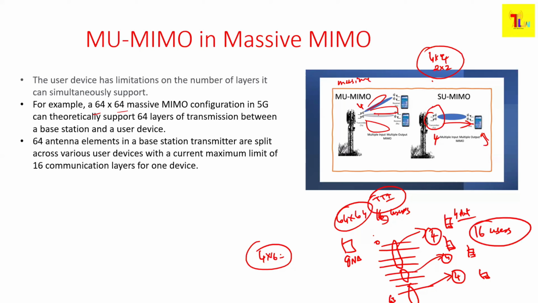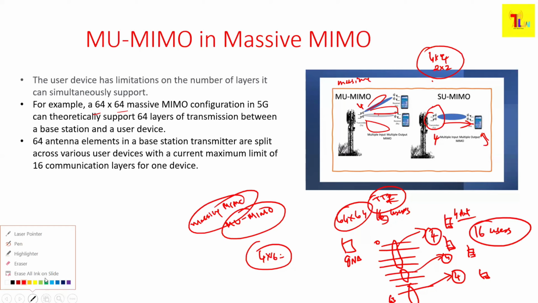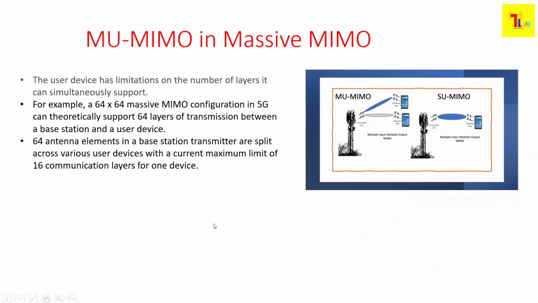Is this clear? This is how multi-user MIMO is done in massive MIMO cases. Did you guys get it, or do you have any doubt? Hello?